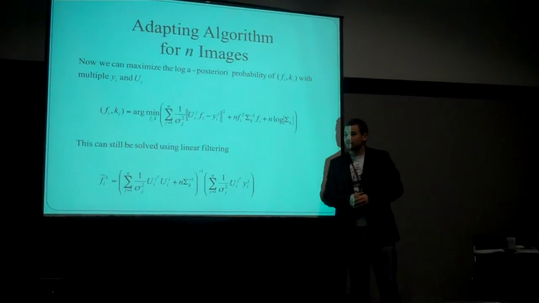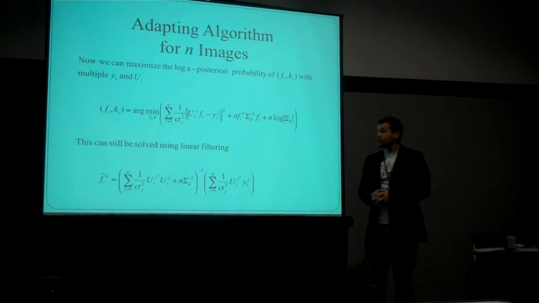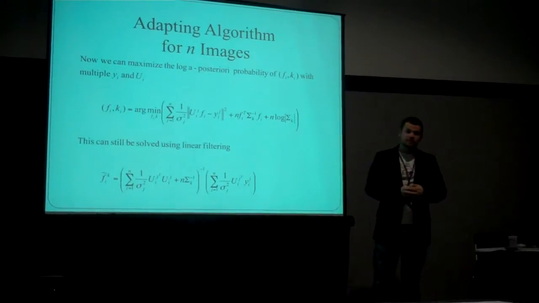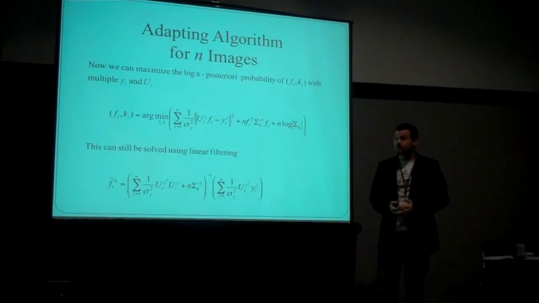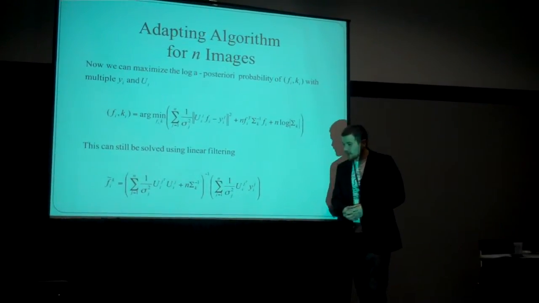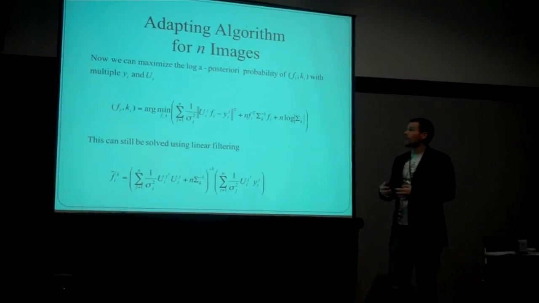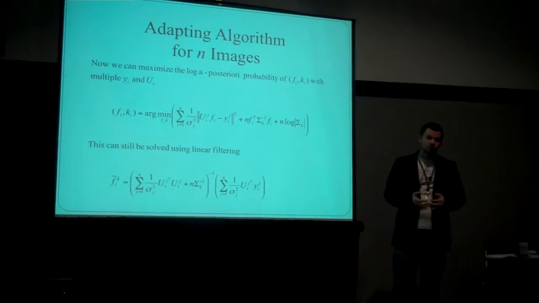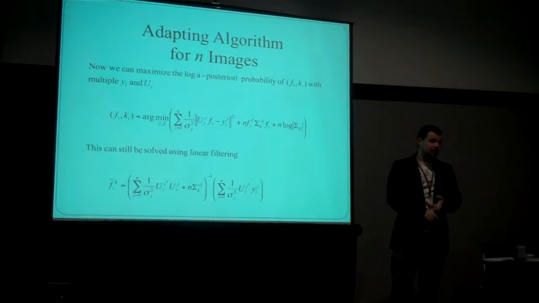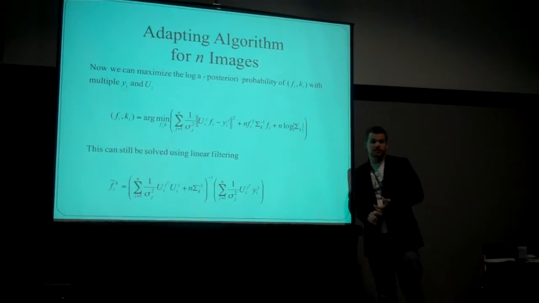Now, that was everything they did in Minnesota. What we're doing is adapting this for multiple images. That's where the image fusion comes into play. We're now maximizing this log a posteriori for our clean patch given multiple degraded patches and multiple degradation operators.